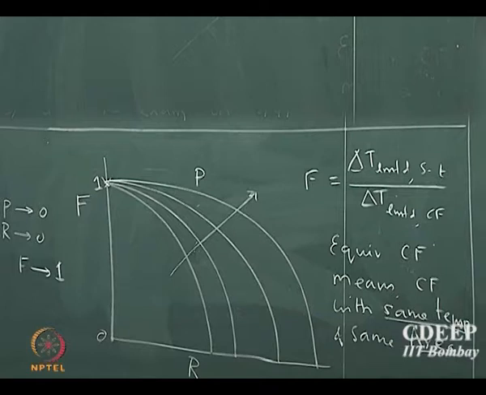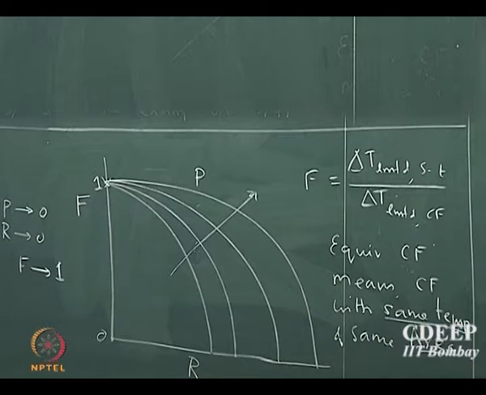In fact, same area is not relevant from the calculation point of view, because for calculating delta T you only need the temperature differences. But it is important to say that equivalent counterflow means the area of heat transport is also maintained similar. Otherwise, you cannot expect the same temperature difference to occur in a real situation.